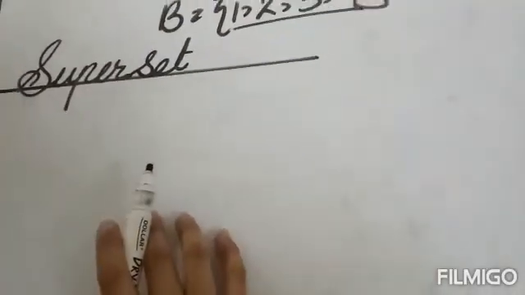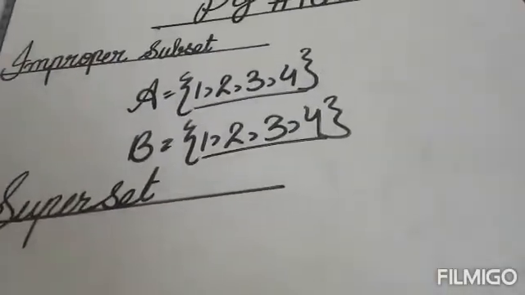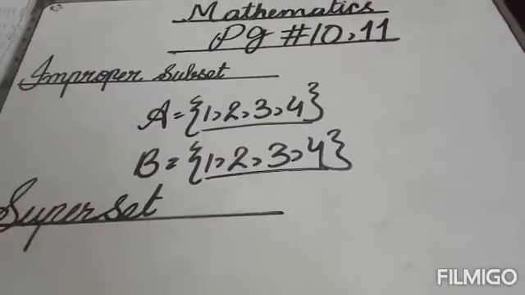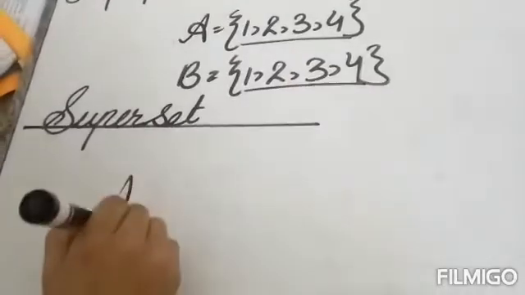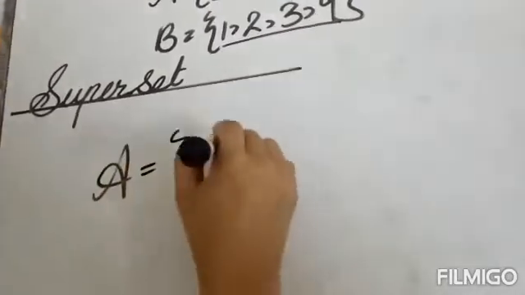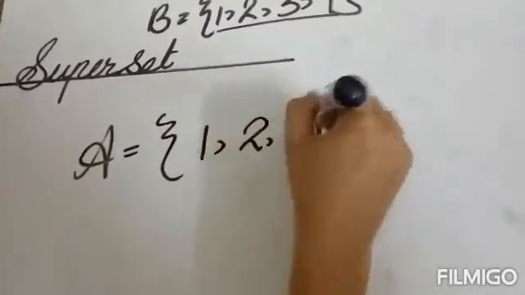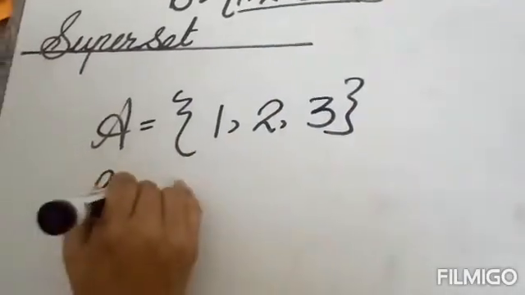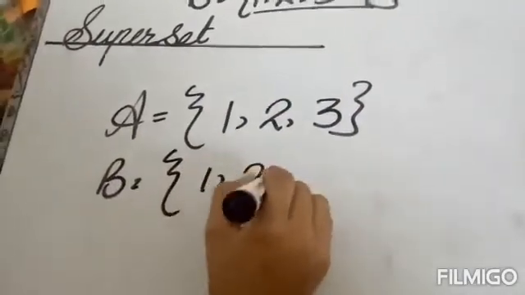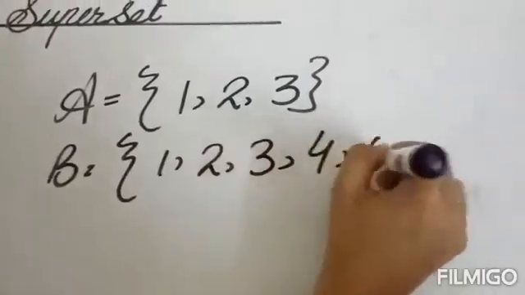Okay, now we move on to the superset. A superset is a set that contains all the elements of a smaller set. Suppose you have the set A is equal to {1, 2, 3} and B is equal to {1, 2, 3, 4, 5}.